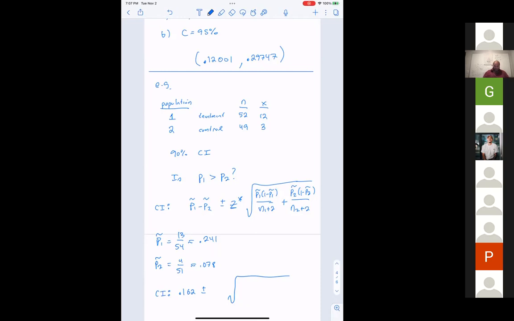And what do we get after square rooting? I know what I got. I wanna see if you guys got the same thing that I did. That whole radical with square rooting, what do we get?